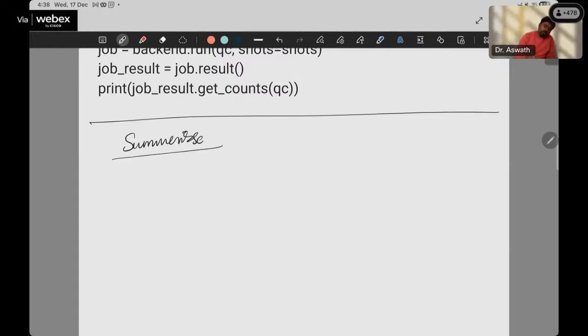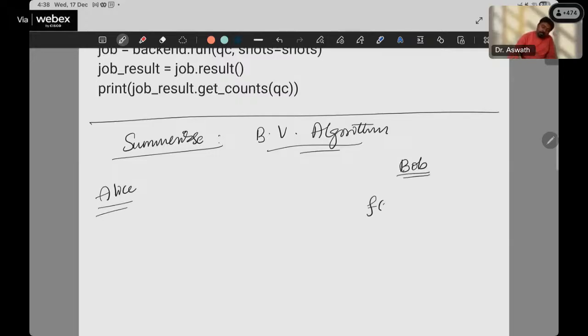We discussed the Bernstein-Vazirani algorithm. Let's say Alice is there, Bob is there. Bob uses a function f of x which takes any argument x and multiplies that argument x with a bit string s.